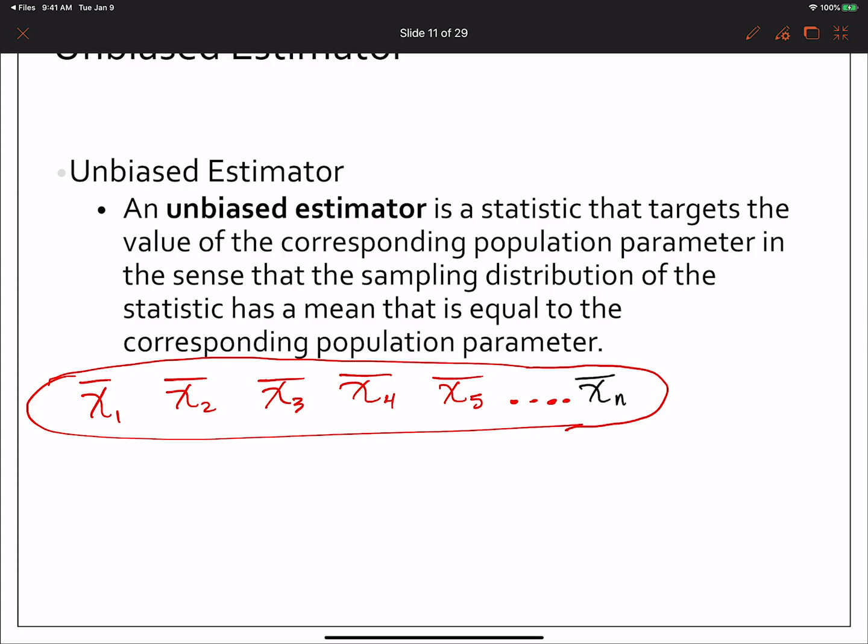Now, I'm going to write the average mathematically, and I'm also going to write it with words. So if I find the average value of x bar, that's what I'm looking for, I'm going to add up x bar 1 plus x bar 2 plus x bar 3 plus x bar 4 plus x bar 5 all the way up to x bar n.